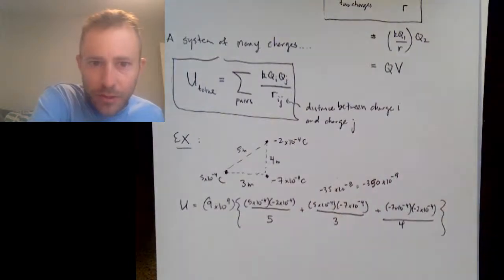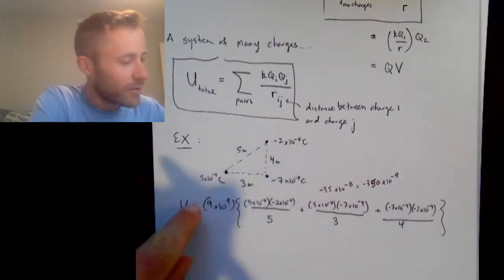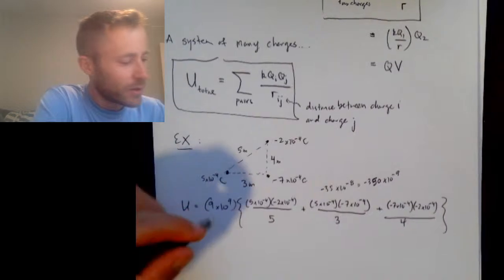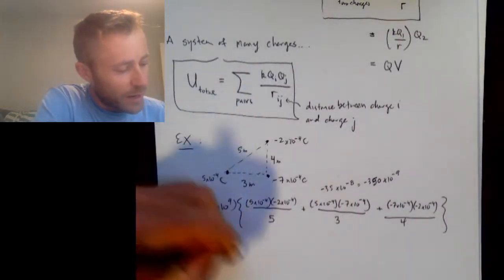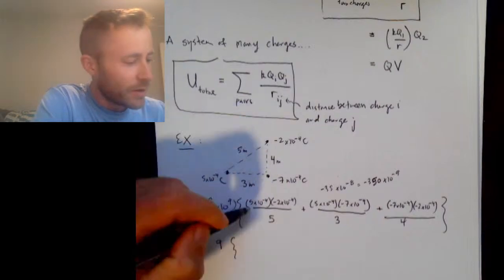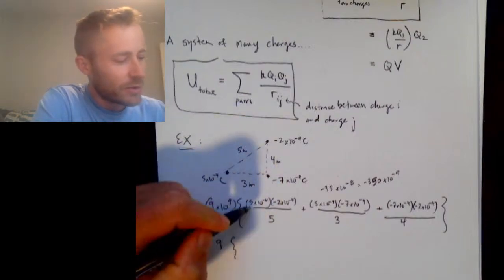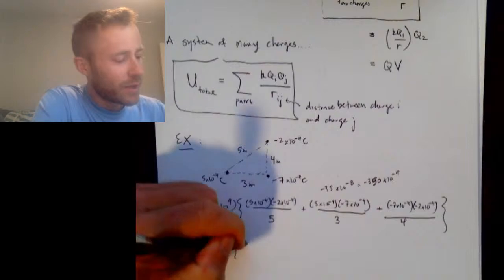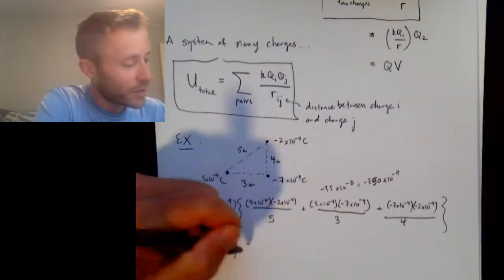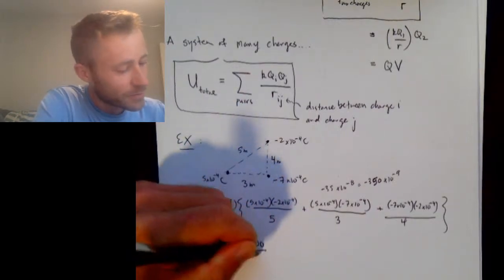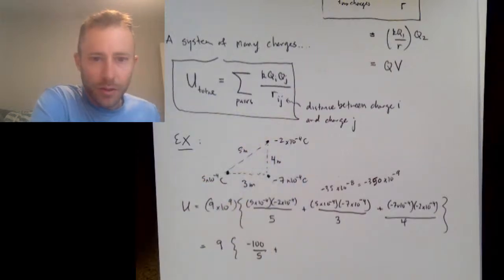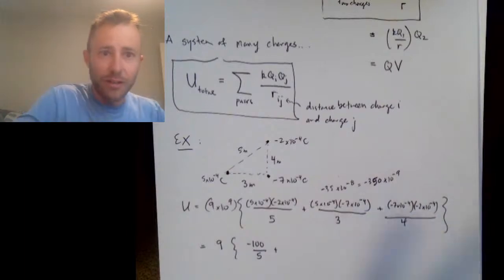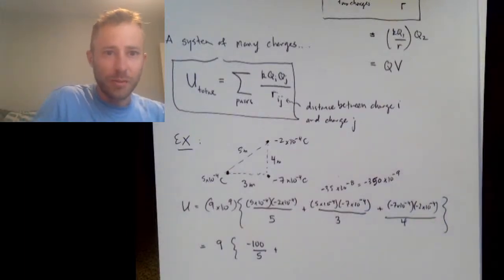Okay, so then that's going to allow me to cancel out this. Okay, so I will have 9, and then this times this will be 10, negative 10 times 10 to the minus 8, so I'm going to make it negative 100. Okay, so I'm just trying to cancel out the 10 to the 9th with a 10 to the minus 9.